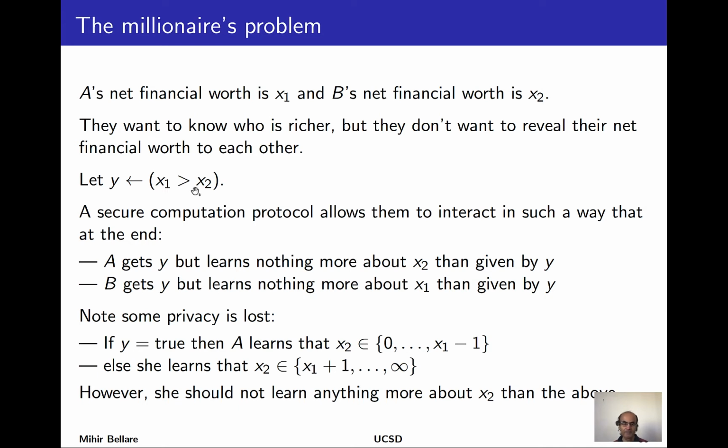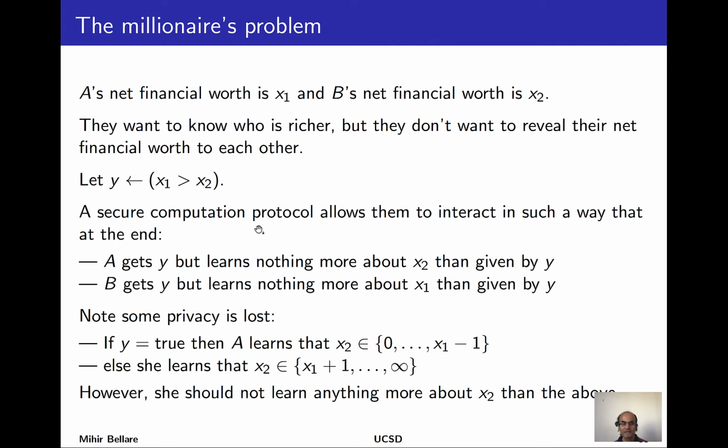otherwise. That would be easy enough, but the difficulty is that they don't want to reveal their net financial worth to each other. In other words, Alice doesn't want to reveal more about X1 to Bob than necessary, and vice versa. Secure computation is the tool that enables them to solve this problem. It delivers to them a protocol.